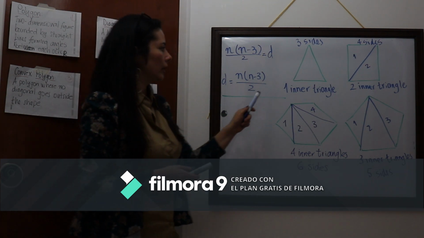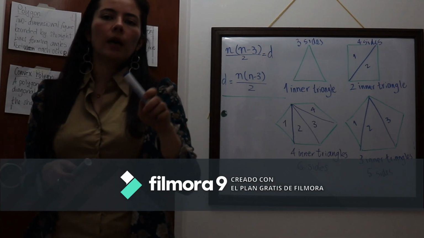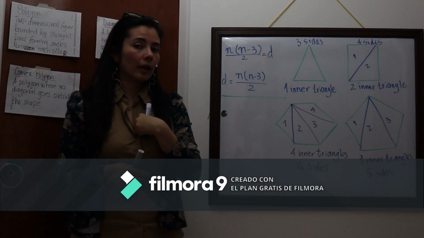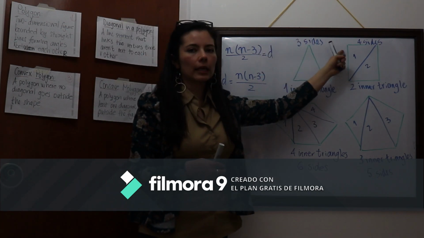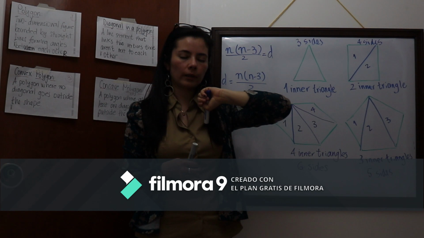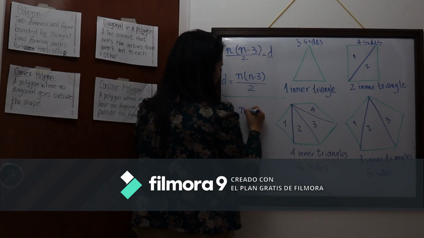Now we can tell that we're going to be able to get the amount of inner triangles if we take the amount of sides and subtract 2 from it, right?